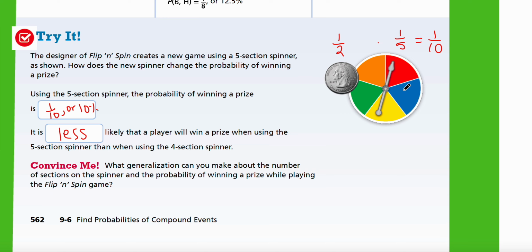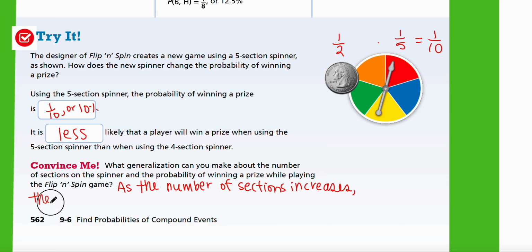So we see the pattern. We know one favorable outcome. So the more possible outcomes there are, the less likely it is, right? So as the number of sections increases, the probability of winning a prize decreases.